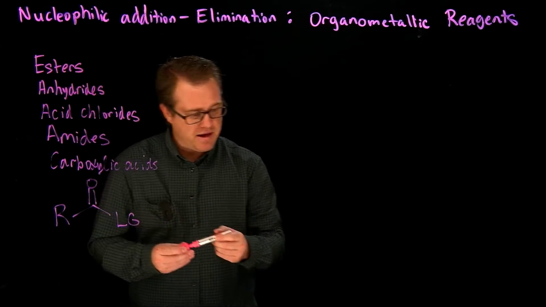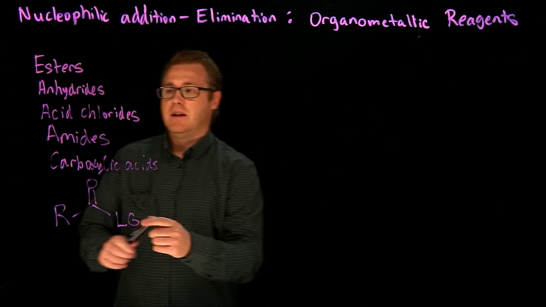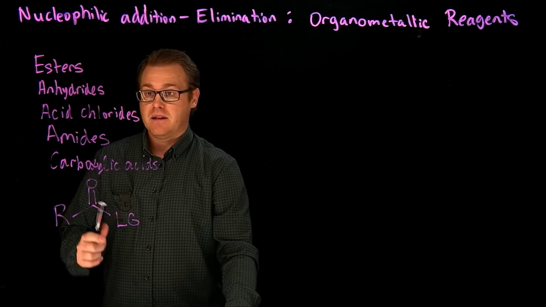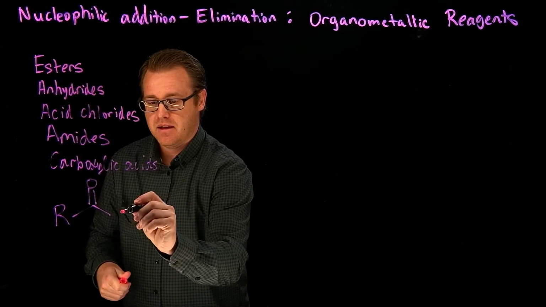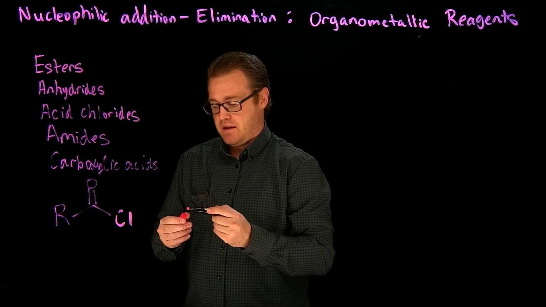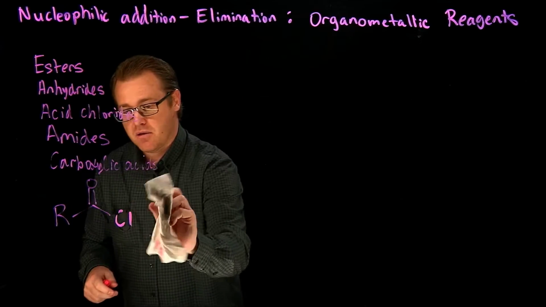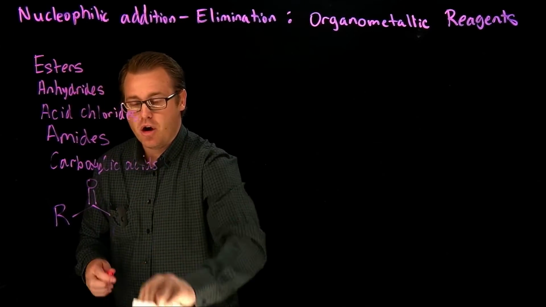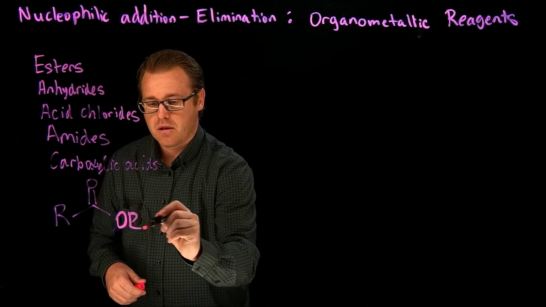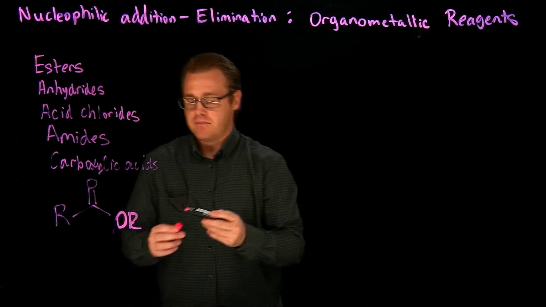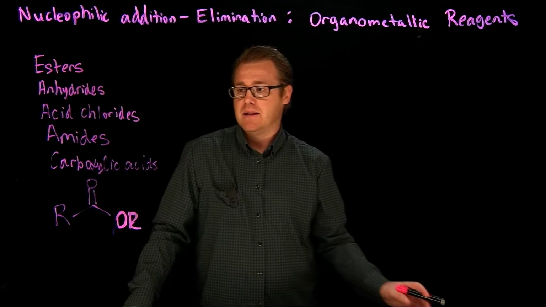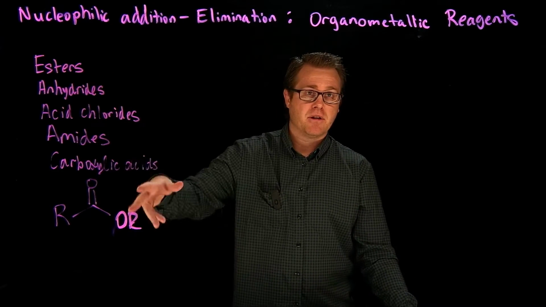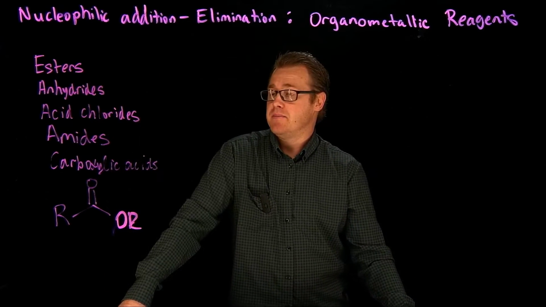And just to give you a better idea of what I'm talking about, if we wanted to look at an acid chloride, we would just replace that leaving group with a Cl. And if it was an ester, we would replace that with an OR type idea here. And I'm using general terms because the mechanisms are very similar for all of these things.